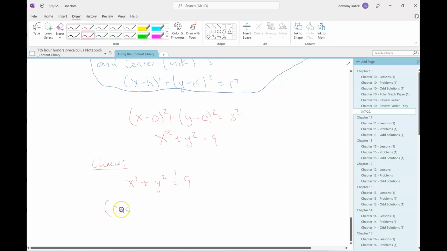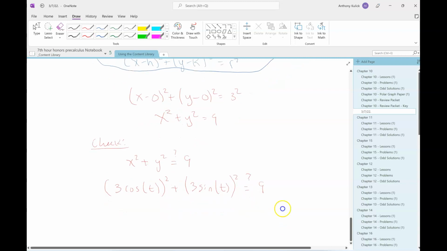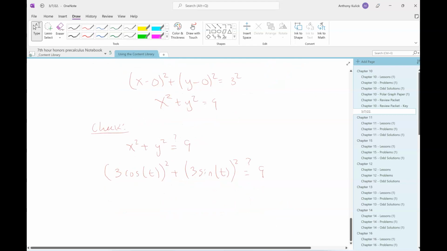Well, we're going to plug in the parametric equation for x and the parametric equation for y and see if indeed that does give us 9. So 3 cosine t times 3 cosine t gives me 9 cosine squared t. And 3 sine t times 3 sine t, again, is 9 sine squared t.